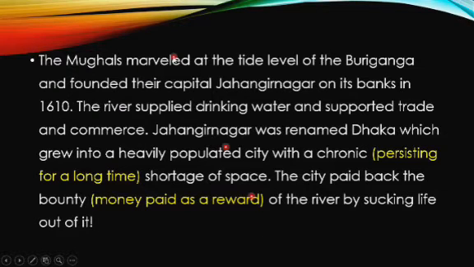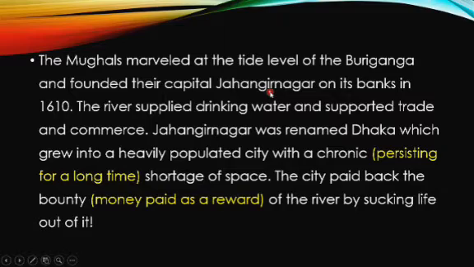The Mughals marveled at the tide level of the Buriganga and founded their capital Jahangirnagar on its banks in 1610. That means Mughals were really amazed at the tide level of the river. It had strong current in its water, and that's why for their communication, for the better communicative system, they established their capital in Dhaka in 1610, and the name of the capital was Jahangirnagar.